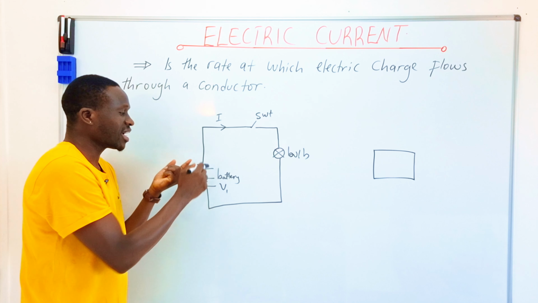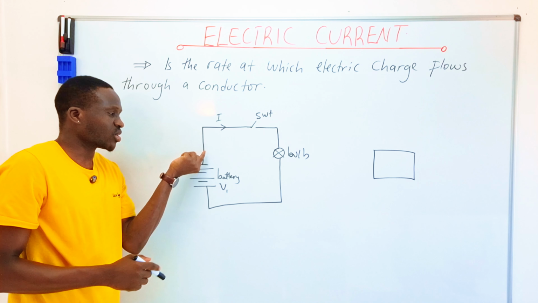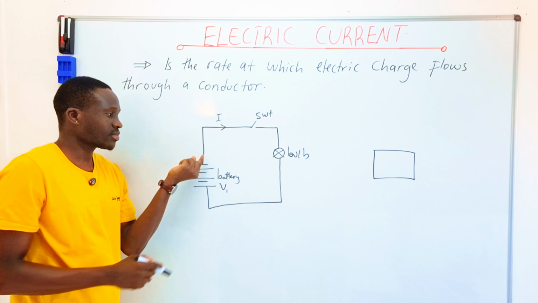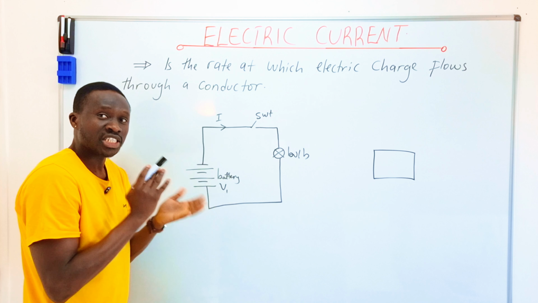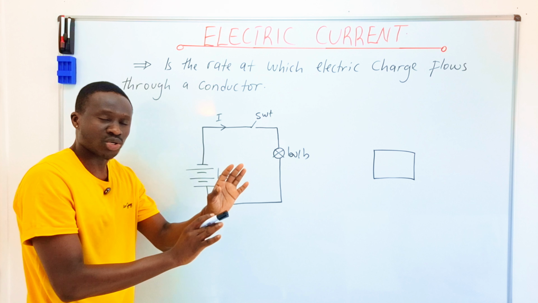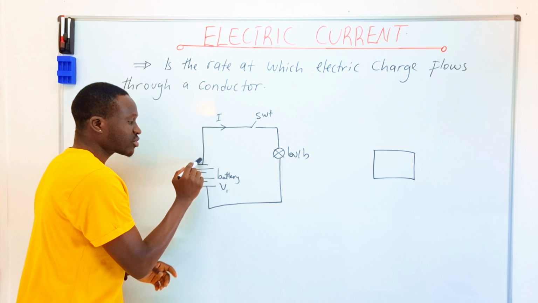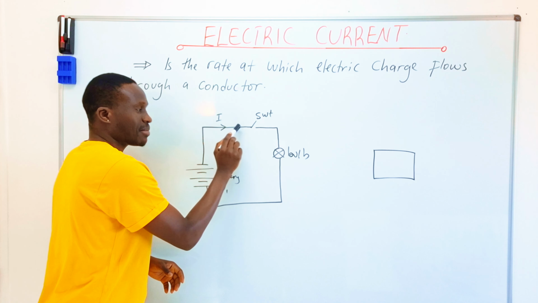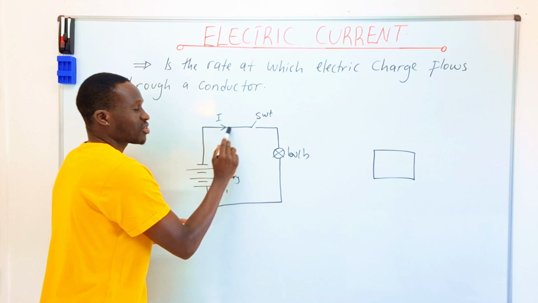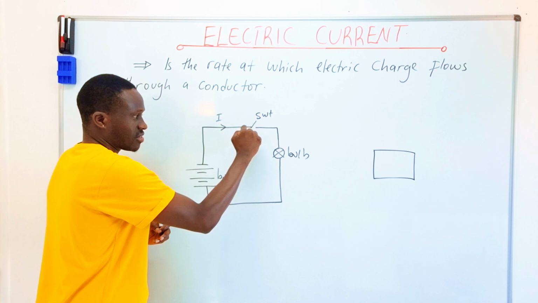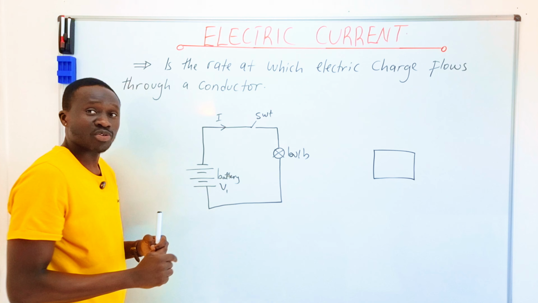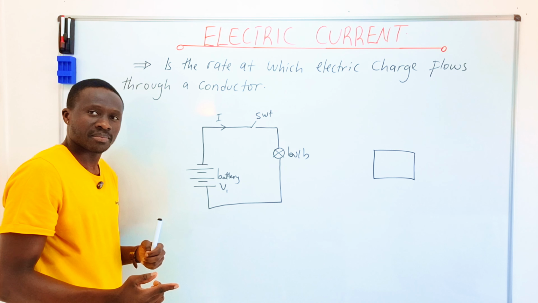Once you apply the voltage to the electrons inside the cable, the electrons will move. Voltage is the force which pushes electrons or electric charge to pass through the cable. And the rate at which this electric charge passes through the cable is what we refer to as electric current.